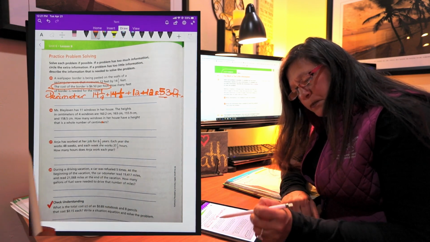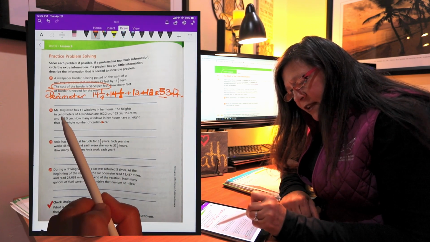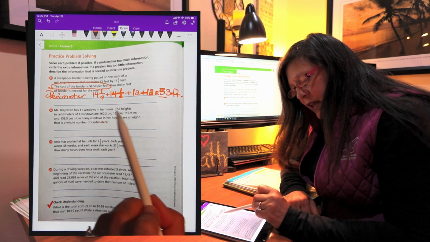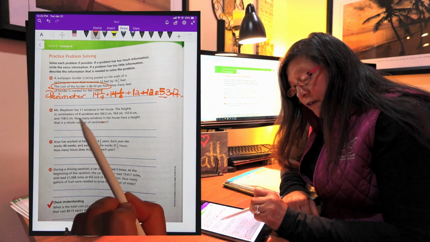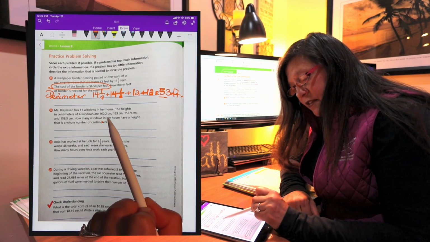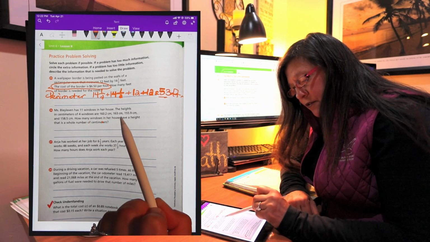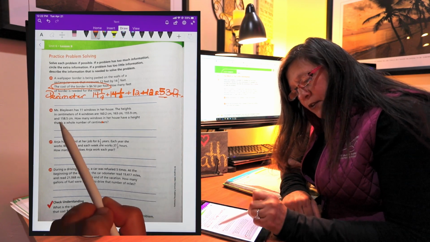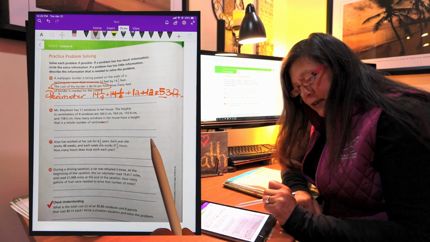Number 26, Miss Blaylaven has 11 windows in her house. The heights in centimeters of 4 windows are 160.2 centimeters, 163 centimeters, 155.9 centimeters, and 158.5 centimeters.